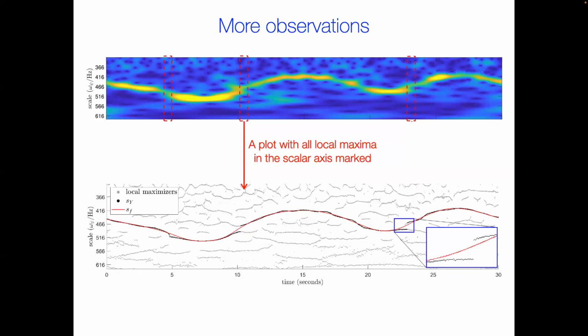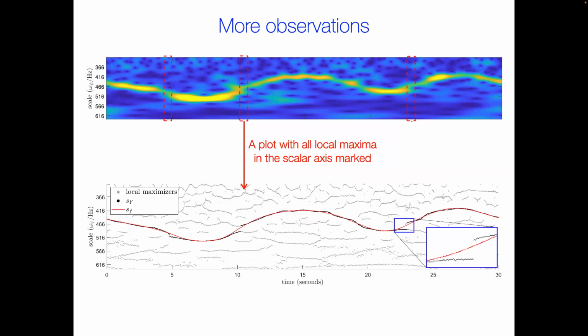That is, the gradient is 0 and the second derivative is negative. And if there is one, then I just plot one point. So this is the result, a local maxima plot.